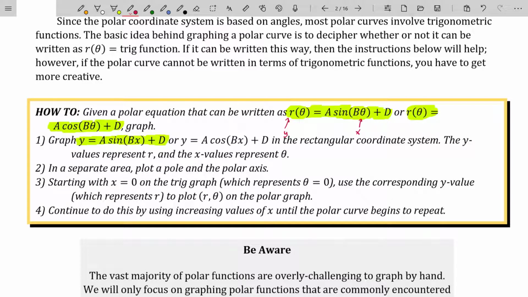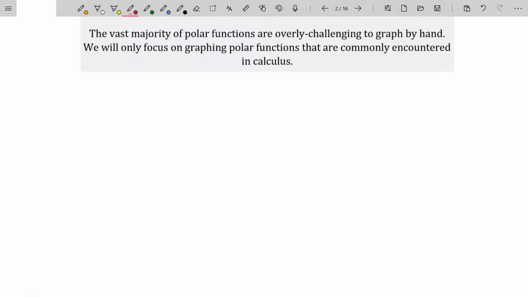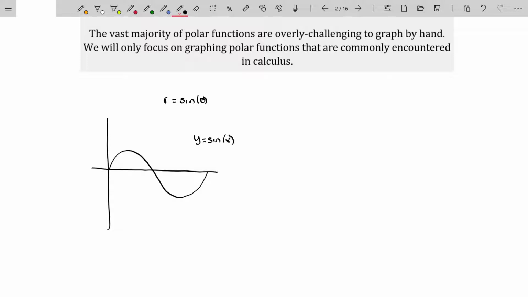So in other words, you're going to start at x equals 0. Let me show you a simple example. For example, if you're asked to graph r equals sine of theta in the polar coordinate system, the first thing I highly recommend doing is graphing y equals sine of x in the Cartesian coordinate system, or the rectangular coordinate system, if you want to call it that.